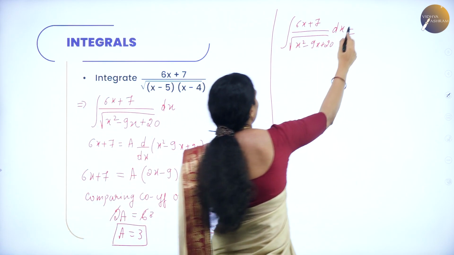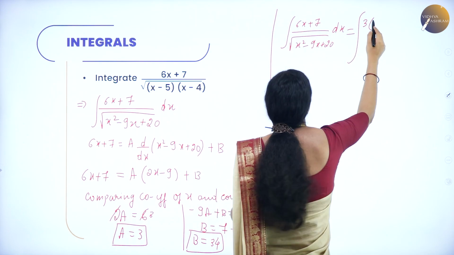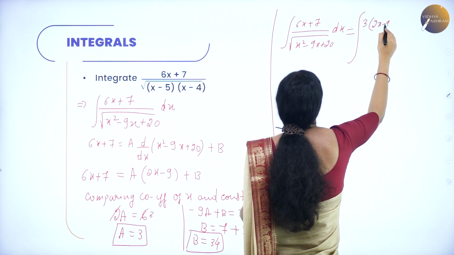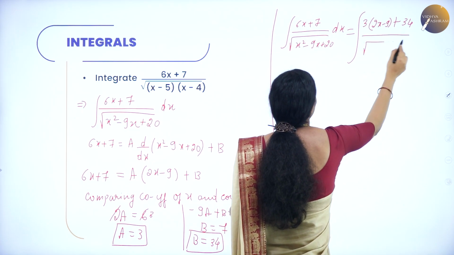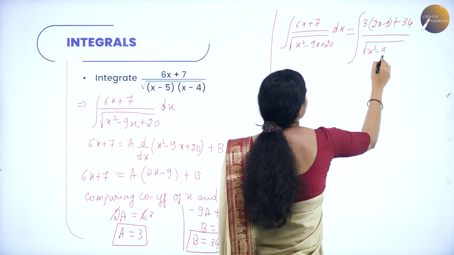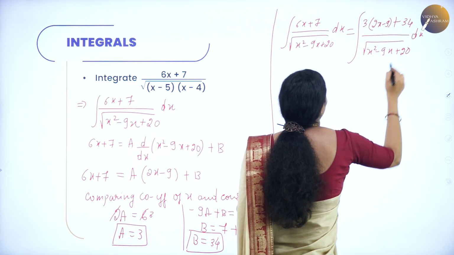So the integral of 3 into 2x minus 9 plus 34 divided by under the root of x squared minus 9x plus 20 dx. I hope you understood this one.